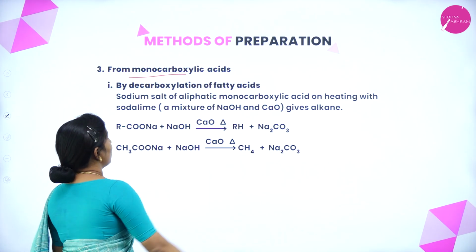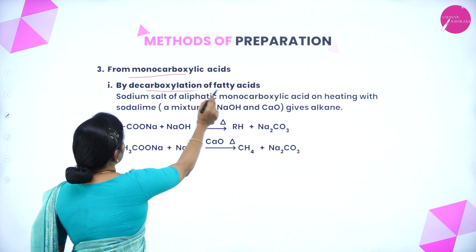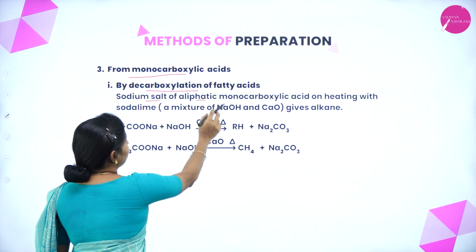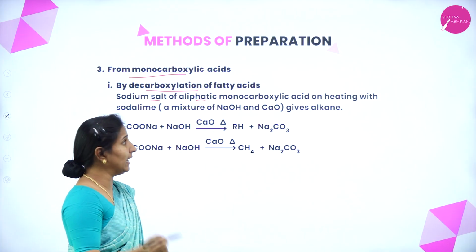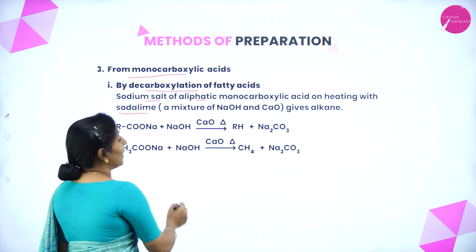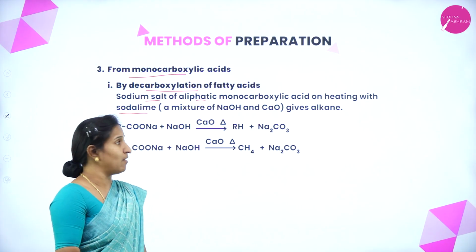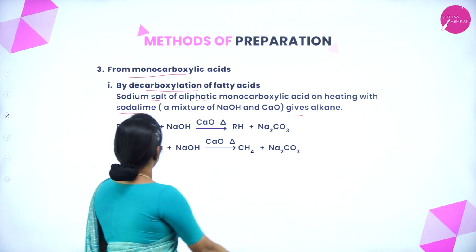From monocarboxylic acid, by decarboxylation of fatty acids, sodium salt of aliphatic monocarboxylic acid on heating with soda lime. Soda lime is a mixture of sodium hydroxide and calcium oxide, gives alkane.